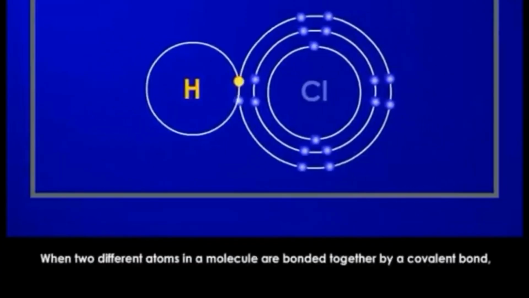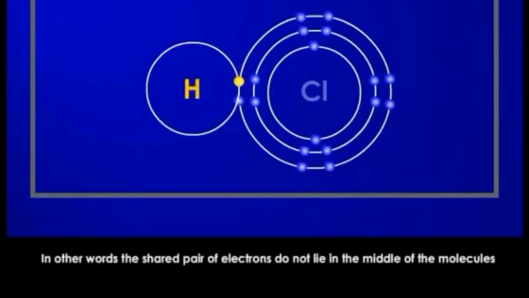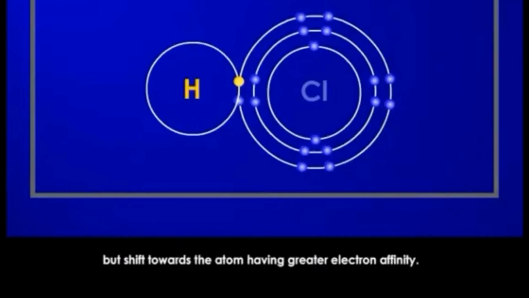When two different atoms in a molecule are bonded together by a covalent bond, the electron pair forming the bond is not shared equally by both the atoms. In other words, the shared pair of electrons does not lie in the middle of the molecule but shifts towards the atom having greater electron affinity.